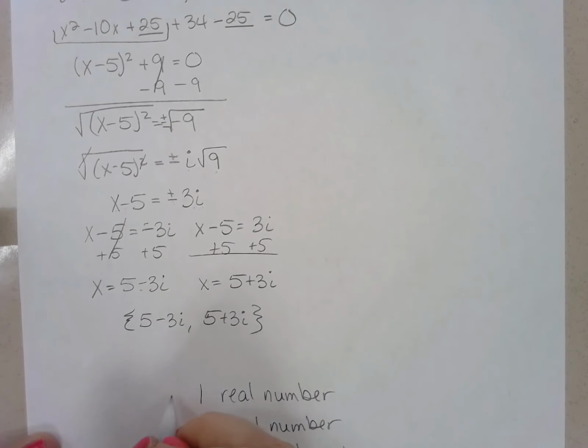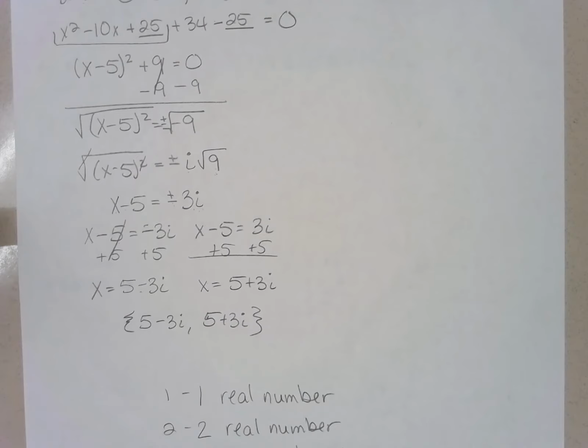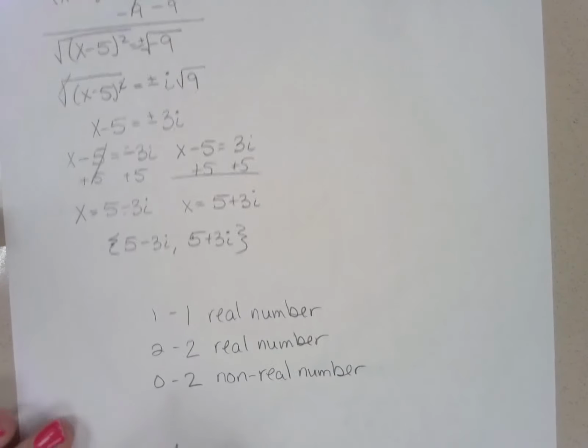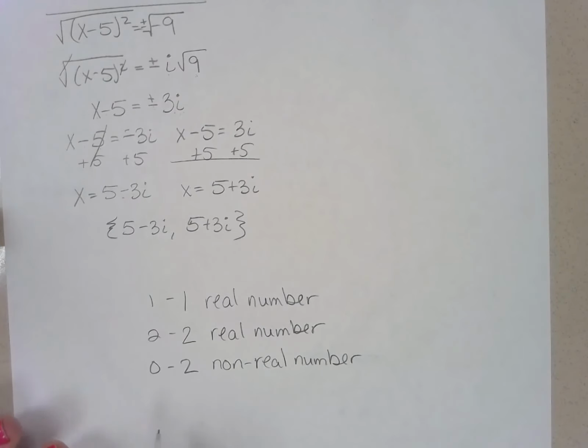So this is where we get the idea that there's 1, 2, or 0 answers. Two non-real numbers is that zero answer, where we say there's not actually a place where this quadratic intersects with the x-axis, but we can say that these would be the solutions when you solve it.